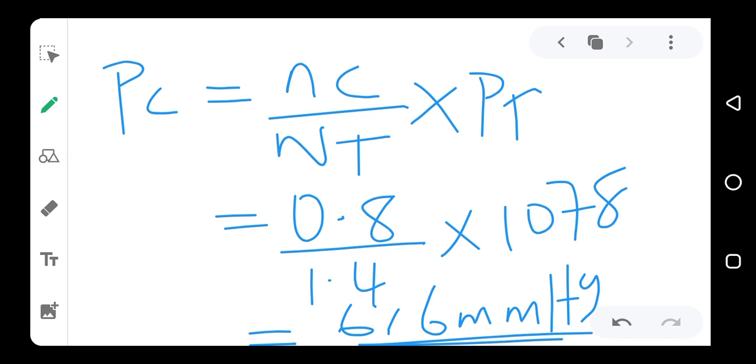So this is the answer to number 2, PC, that is partial pressure of gas C. So we've gotten the partial pressure of each of the gases involved in question number 2.